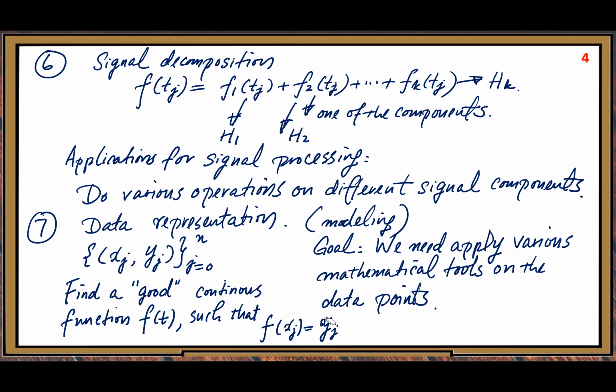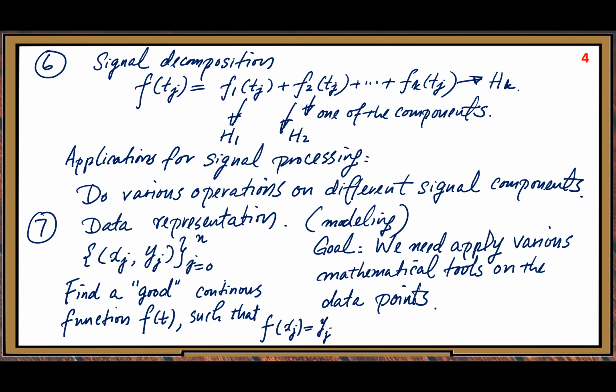So there is a continuous function that connects xj and yj. This is the data representation step, or the modeling step.